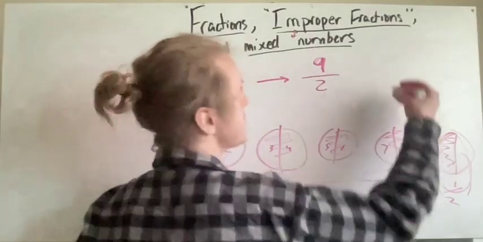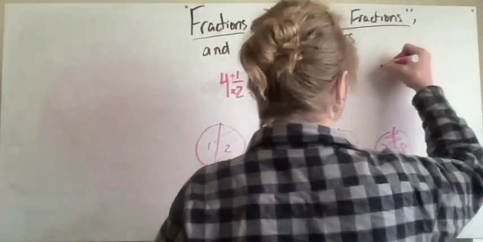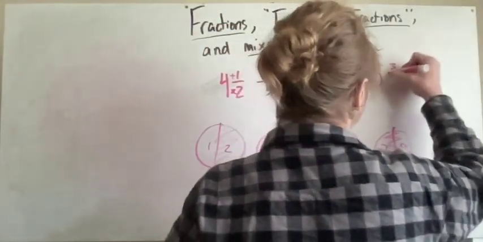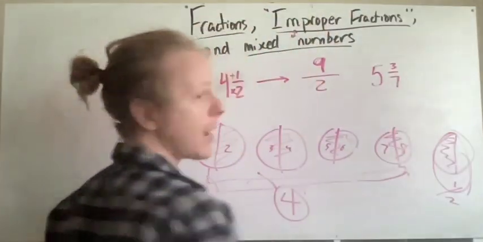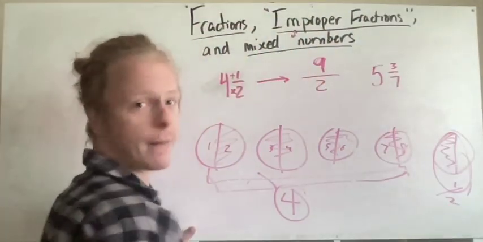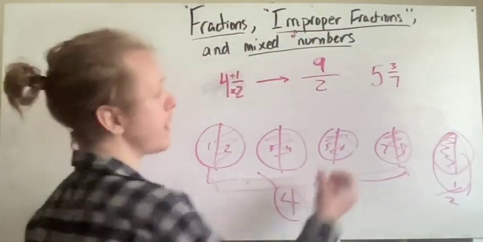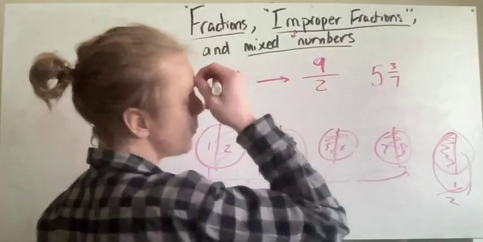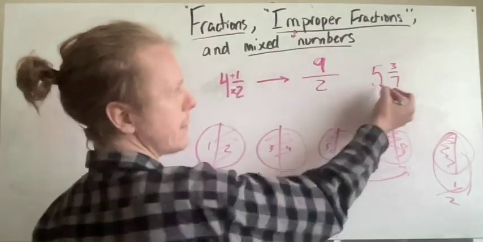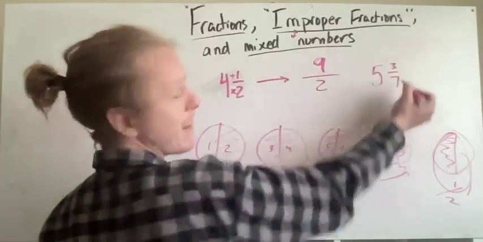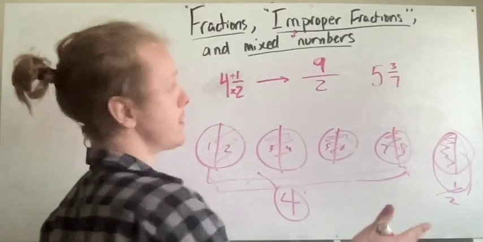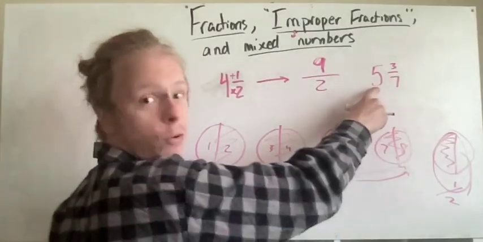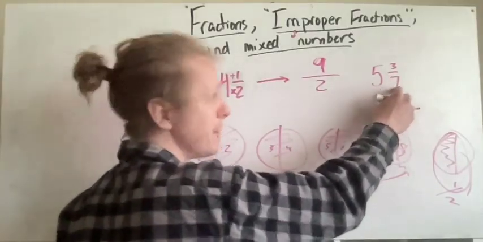Let's look at one last example. 5 and 3/7. I'm not going to draw it out. That would be a pain. But following this same pattern, I don't want to know how many wholes and then leftover sevenths we have. I just want to know how many sevenths. So each of these 5 wholes, I'm going to break into 7 sevenths.